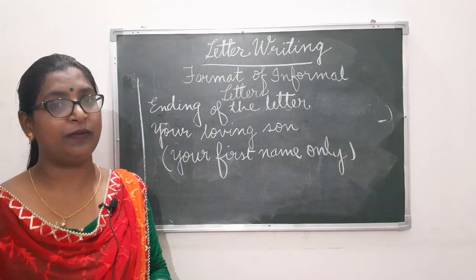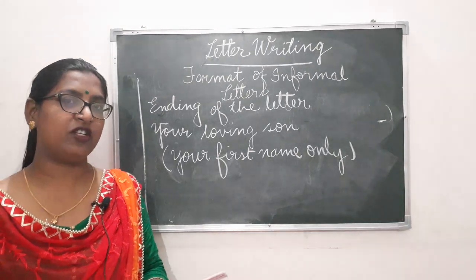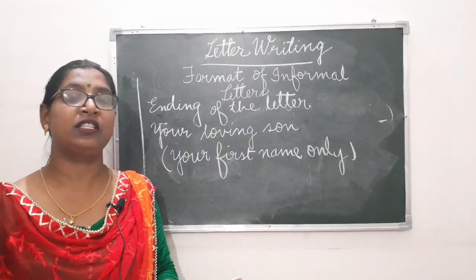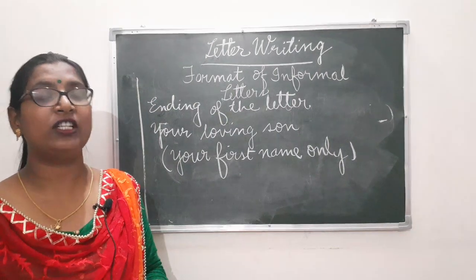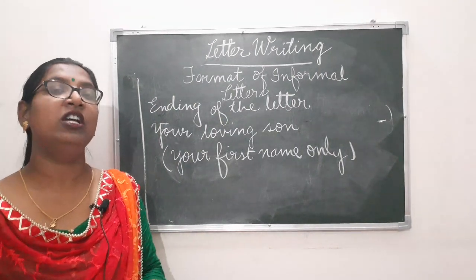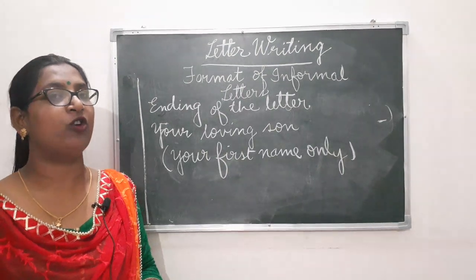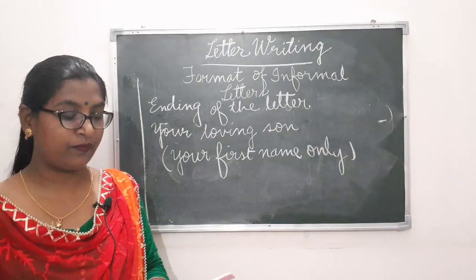These are the complimentary close. And after the complimentary close, at last comes the signature, in which you have to write only your first name. So this is all about the format of informal letters.